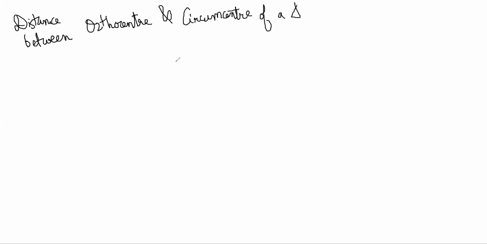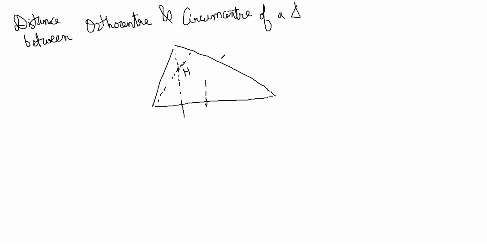Let's do an example. Basically, orthocenter and circumcenter of a triangle. So for orthocenter, I'm trying to draw altitudes, so this is H, and now I'll try to draw perpendicular bisectors. The perpendicular bisectors will be like this and like this, and this is O, or this is circumcenter, so this can be called C. CH distance I need.